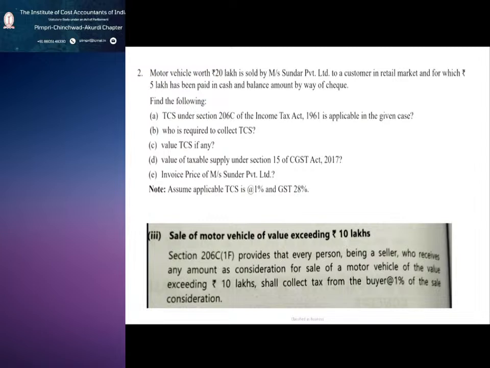Every person who is a seller and receives any amount as consideration for sale of a motor vehicle, if that value exceeds 10 lakhs, you have to collect TCS from the buyer on the sale consideration.